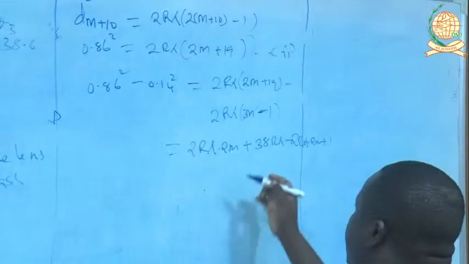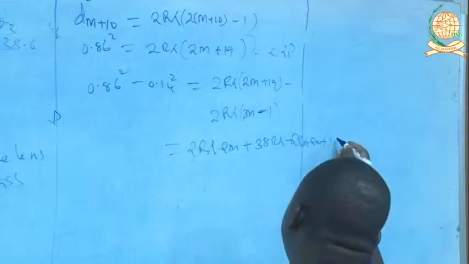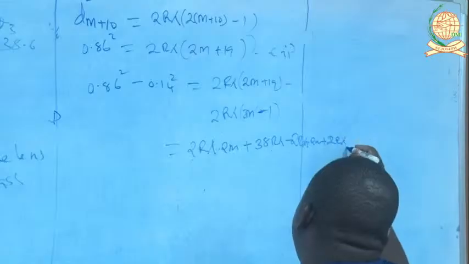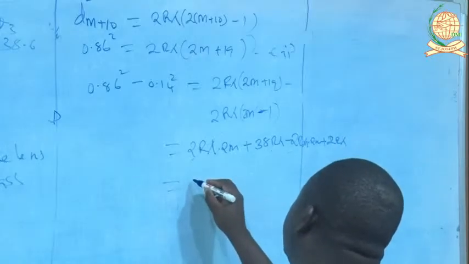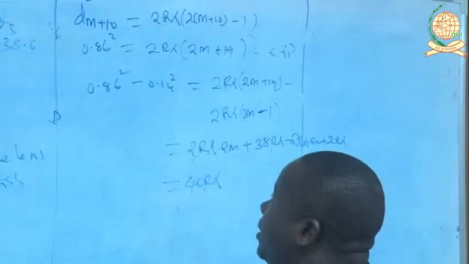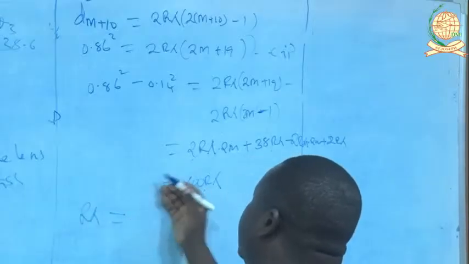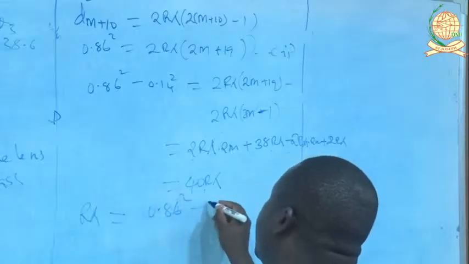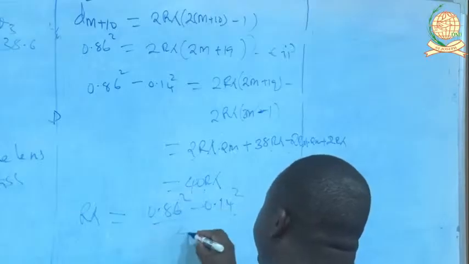So this and this will cancel out, and this one will be 2r lambda. So you find that this is equal to 40 r lambda. So you can make r lambda the subject by taking 0.86 square minus 0.14 square divided by 40.